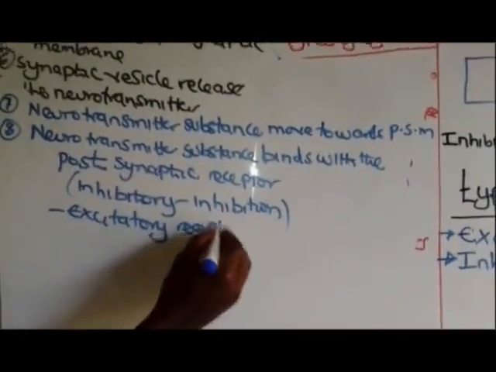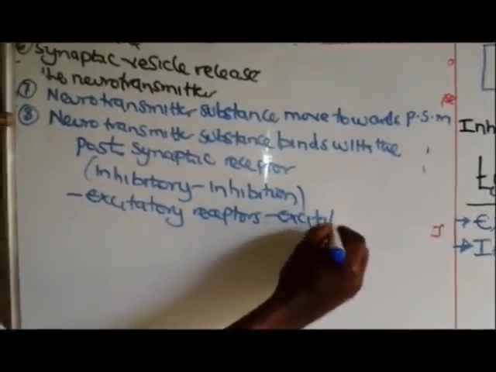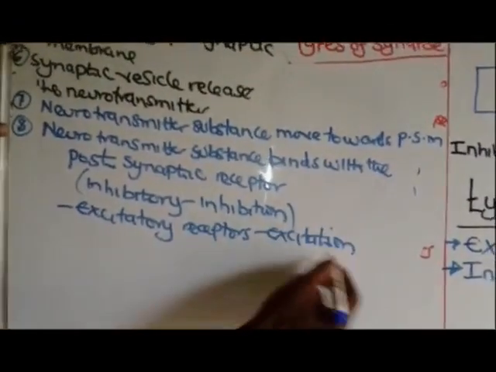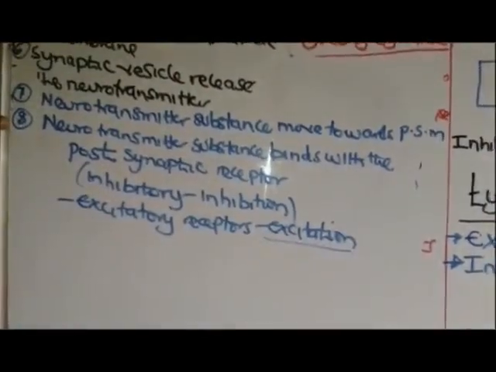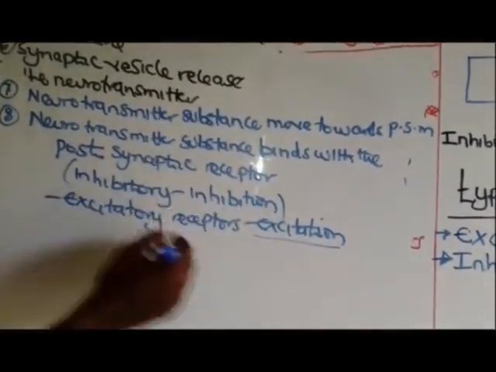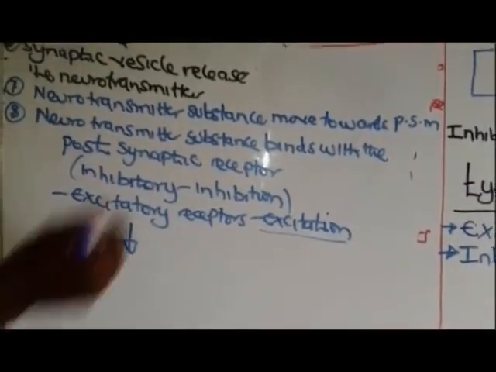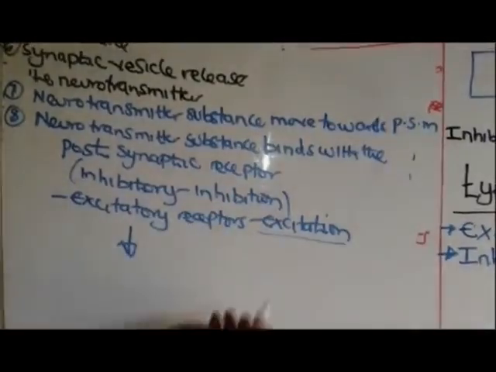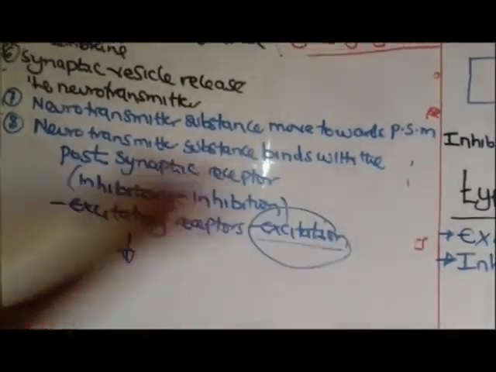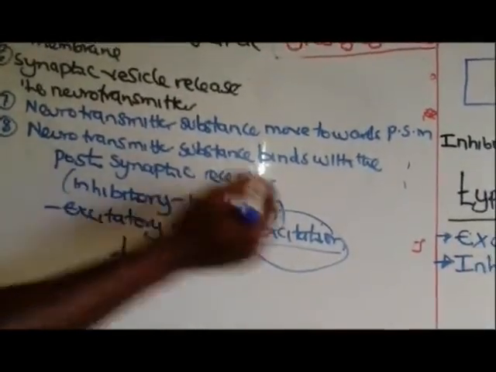These ones are going to help us do what we call excitation. If there is excitation, we are going to see depolarization, and there the impulse is going to move downwards. To understand properly whether the impulse moves downwards or doesn't move: if it is going to move downwards in the postsynaptic neuron, there must be excitation. If it's not going to move downwards, there must be what we call inhibition.